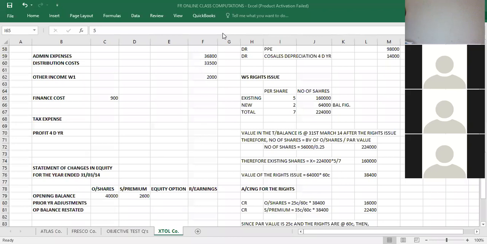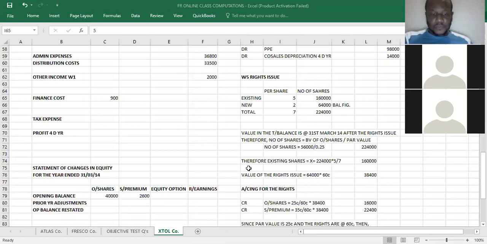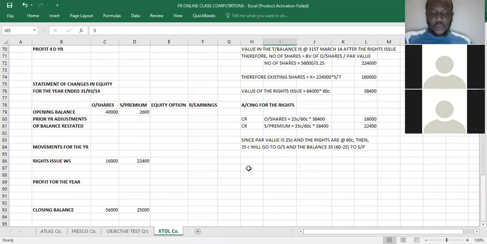All right, so we're done with our rights issue. So we move on. So we continue from our question. So we go and continue down. So we've done ordinary share and share premium until we see the other information.